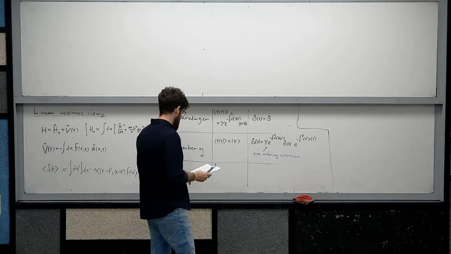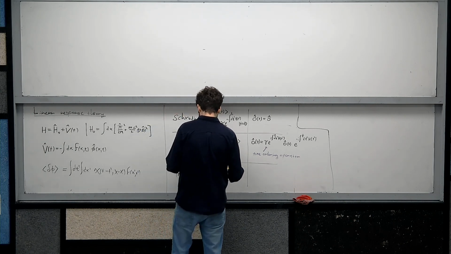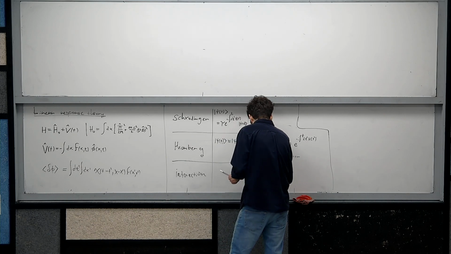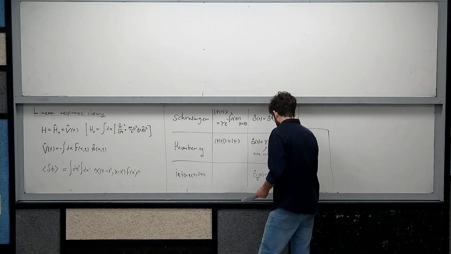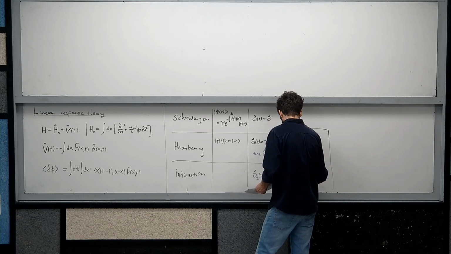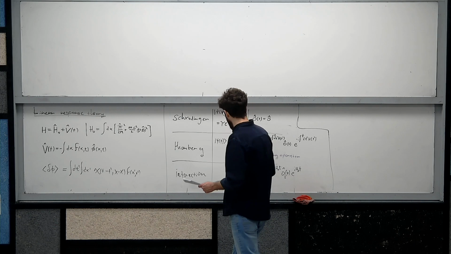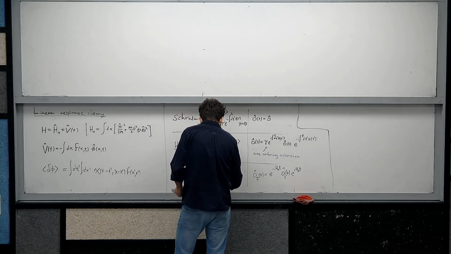And then the last picture, which is the one we're going to use, is where O I of t, the operators, are evolved only with the free part of the Hamiltonian, which means that the wave function is evolved by something quite more complicated.